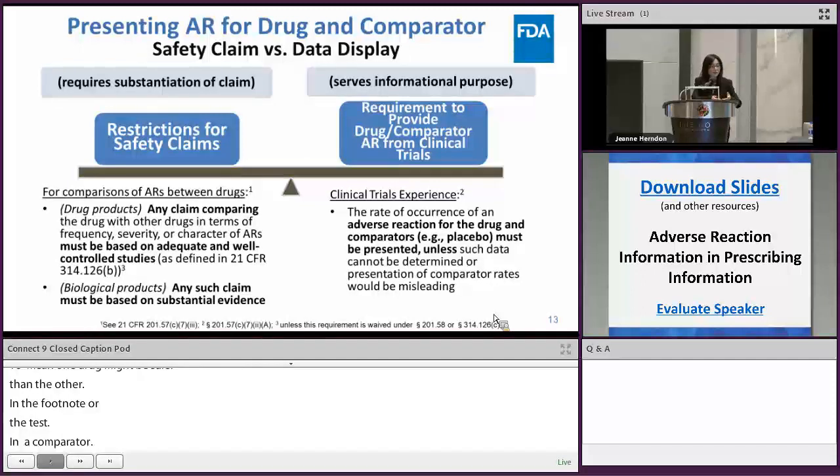For biological products, the same thing, based on substantial evidence. These two competing requirements at times can be difficult to navigate, but as we said, it can be easily solved by adding a disclaimer statement. If you think that presenting the information as required could potentially be misinterpreted as comparative information for drug X versus drug Y, just put in a disclaimer saying that the data are not an adequate basis for that comparison.